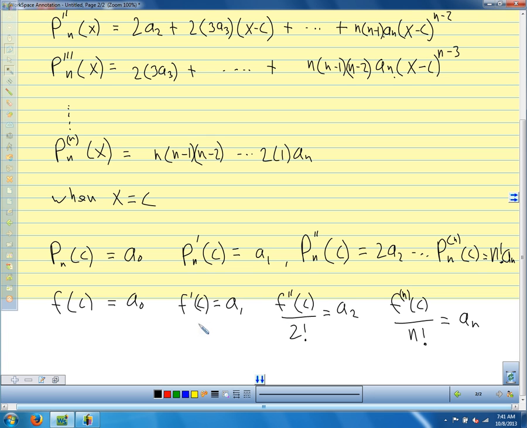This is 1 factorial, 2 factorial, 3 factorial, 4 factorial, etc. So if our function has n derivatives, however many derivatives our function has, we can write a general expression for the Taylor polynomial expanded about c for our function. Is everybody good with how we came up with the expression for these constants for my Taylor polynomial?